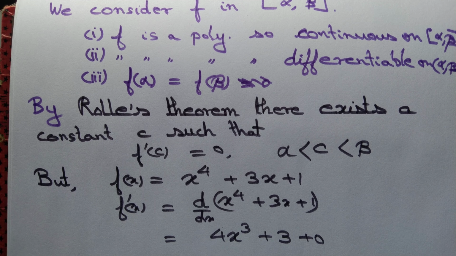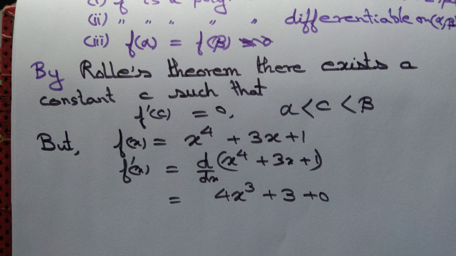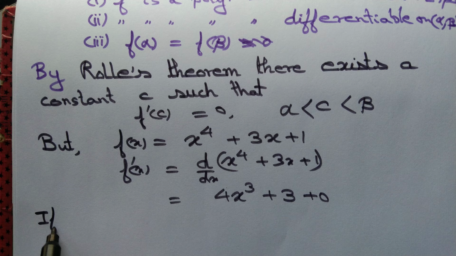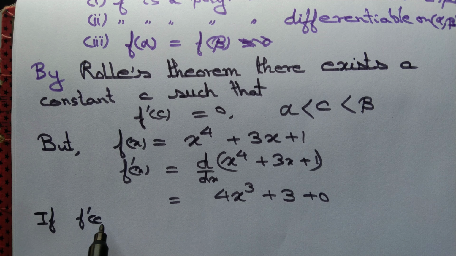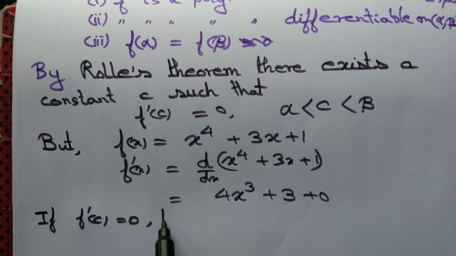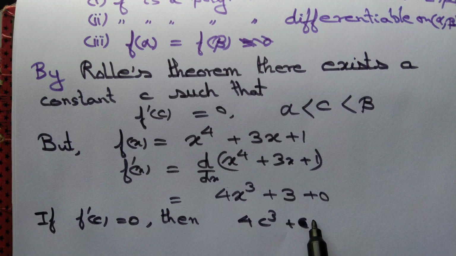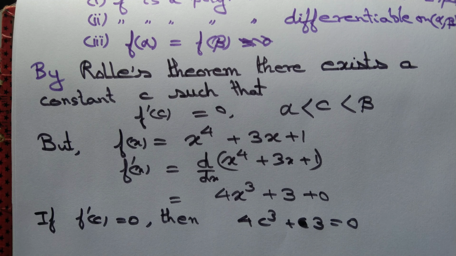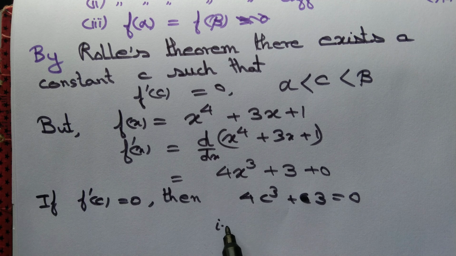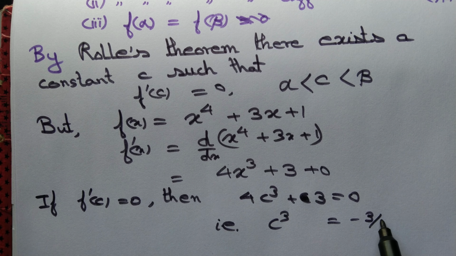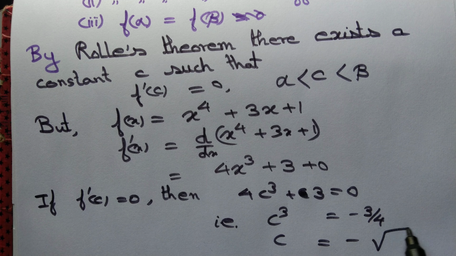So if f'(c) equals 0, then 4c cubed plus 3 equals 0. That is c cubed equals minus 3/4, that is c equals minus the cube root of 3/4.